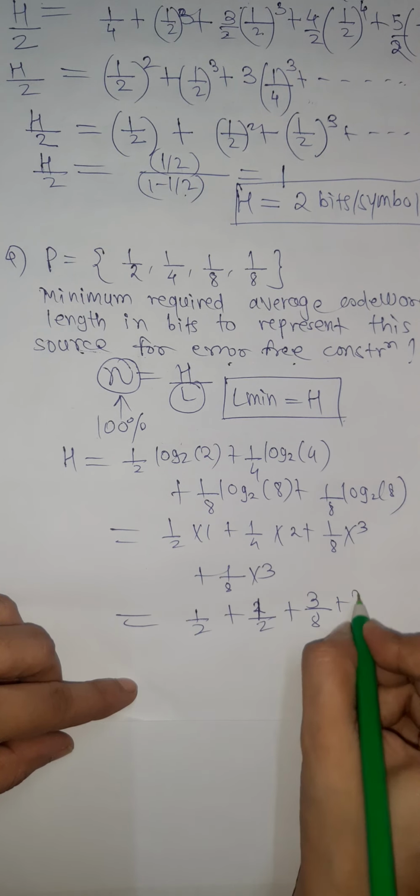So it will be 1 plus 6 by 8, that is 3 by 4, so it will be 1.75 bits per symbol. So entropy is, that is L minimum, our minimum code word length required.